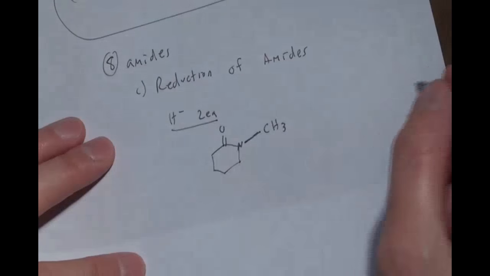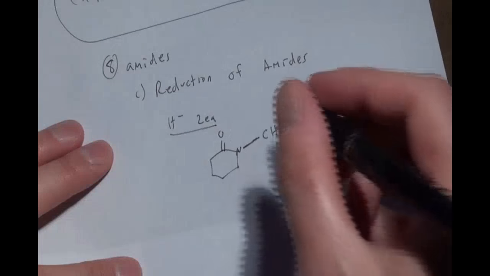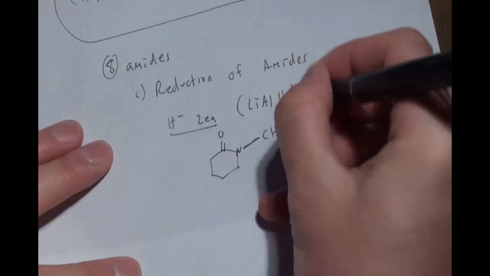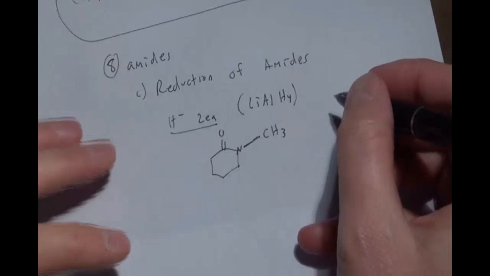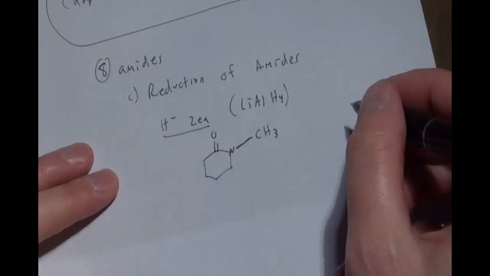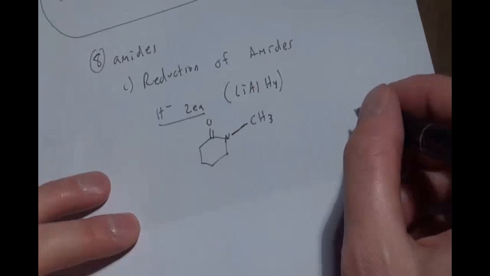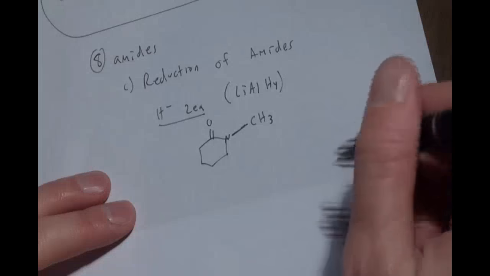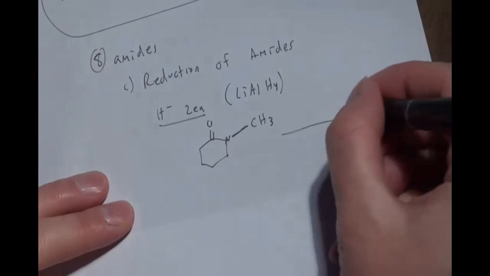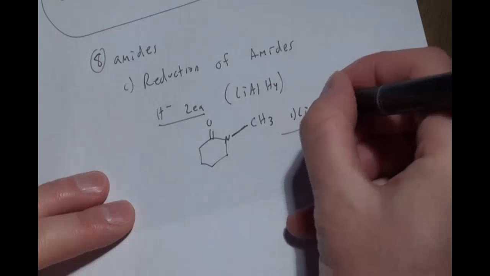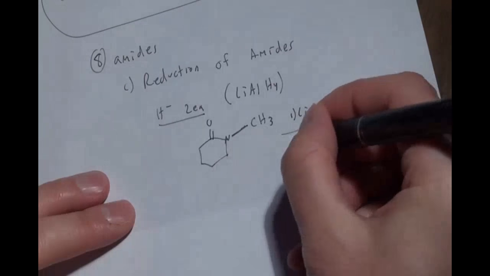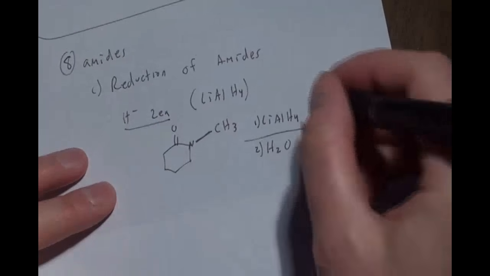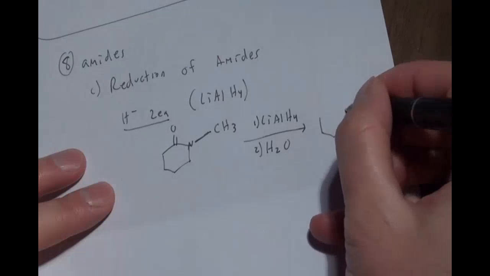And the H-2 equivalent way was lithium aluminum hydride. It's just the super reducing agent that we use for a lot of difficult reductions. Anyway, lithium aluminum hydride and maybe H2O or H3O will reduce this.